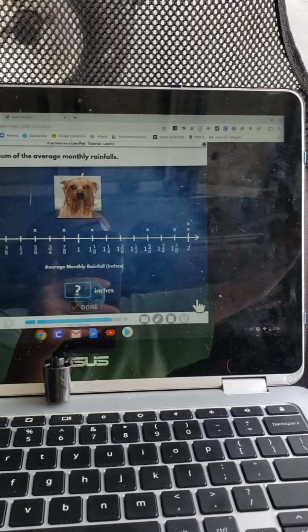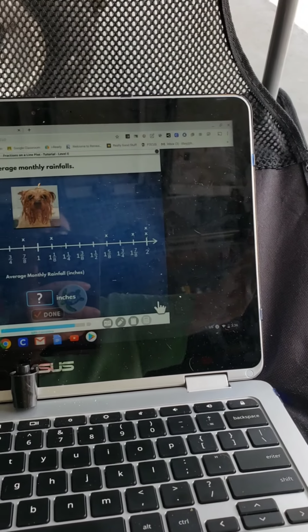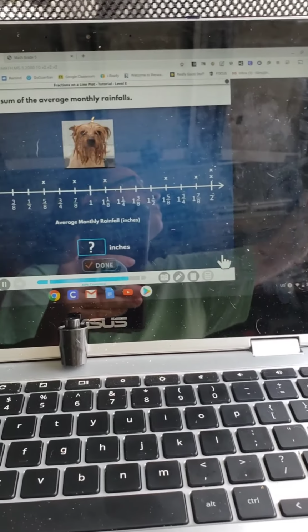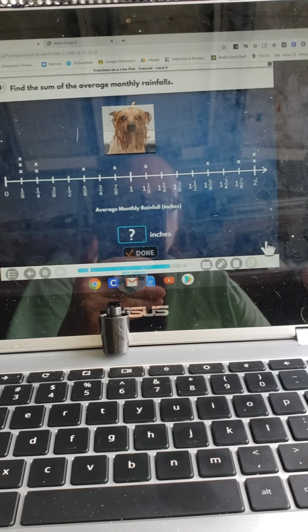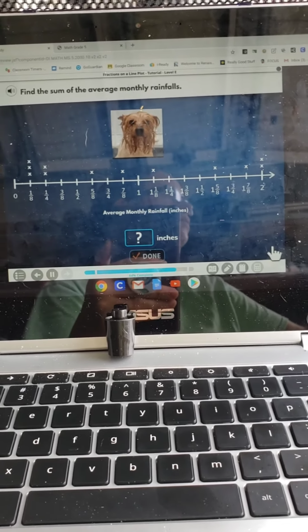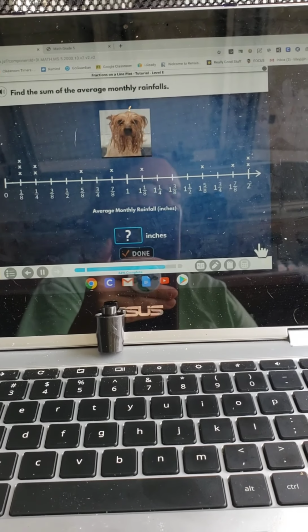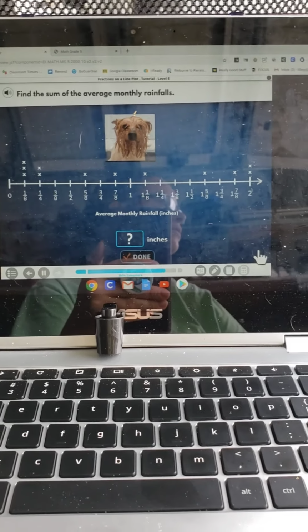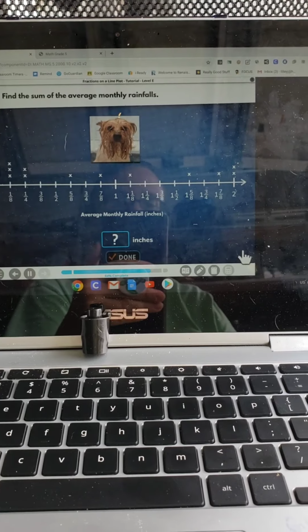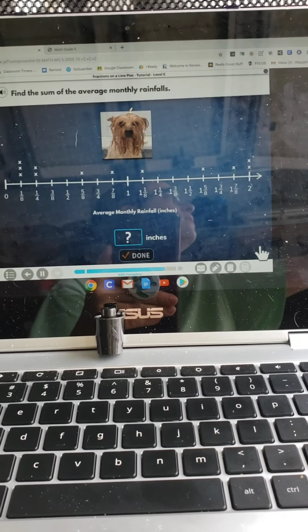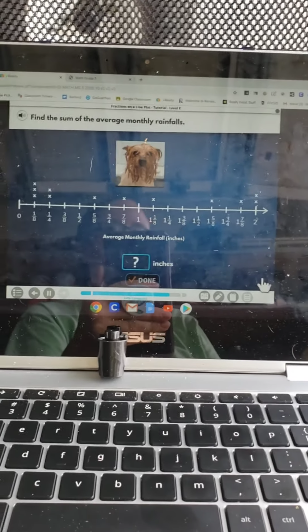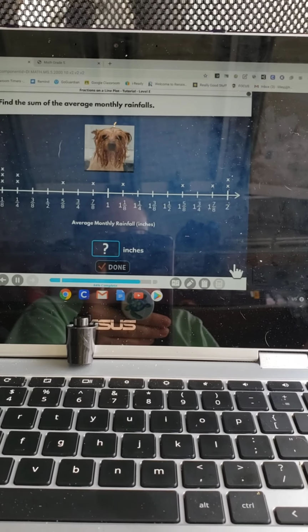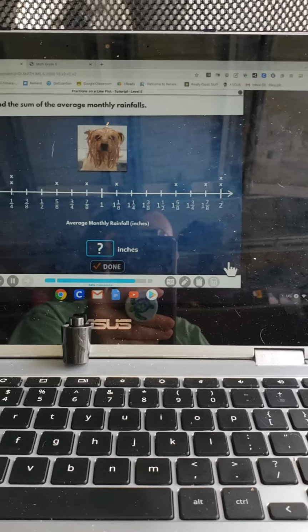Then we have 5/8, 7/8, 1 and 1/8, 1 and 5/8, 1 and 7/8, and 2 under 2 inches, so that would be 4.